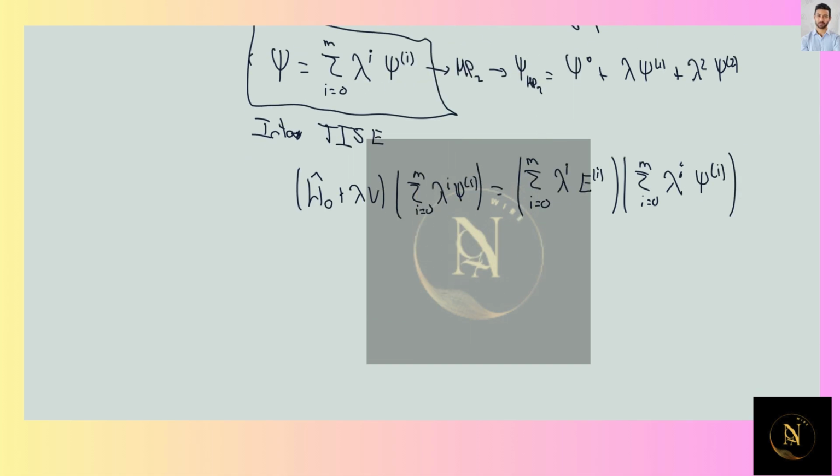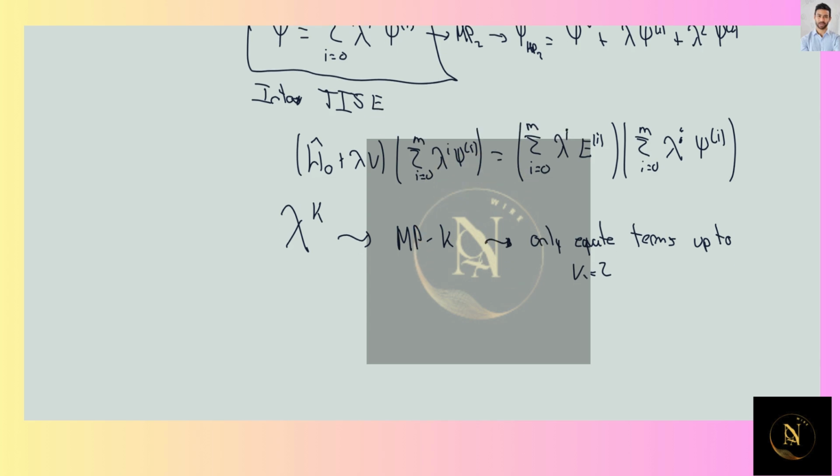So over here, equating all of the terms all the way to order lambda to the k is going to give us MP of k order. We're going to only equate terms up to k equal to 2 in second order perturbation theory. In particular for MP2, first of all, the energy of MP1 is going to be equal to 0.